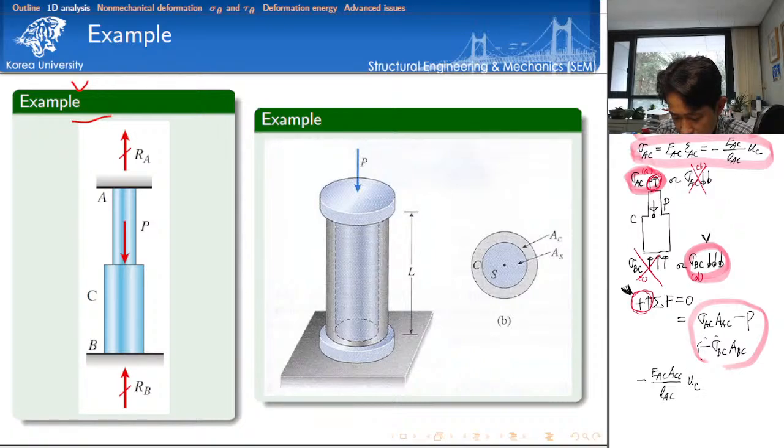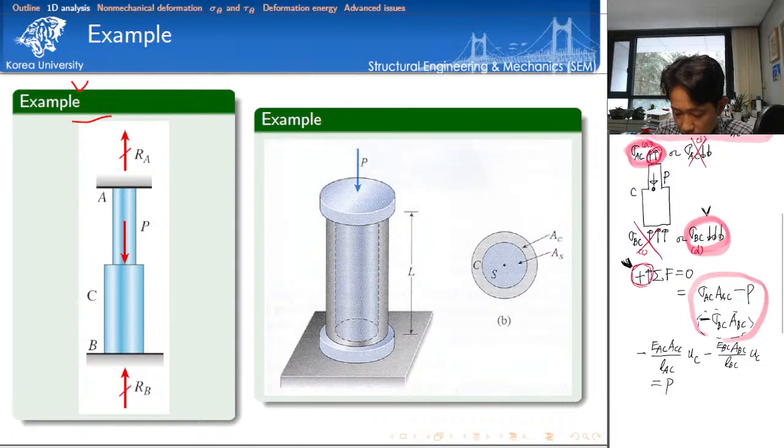And then let's consider the last term. And this is equal to minus elastic modulus of BC segment. Make sure that we have minus sign here. And then the cross-section area of BC segment divided by length of BC segment. So I have nodal displacement UC is equal to applied force P.